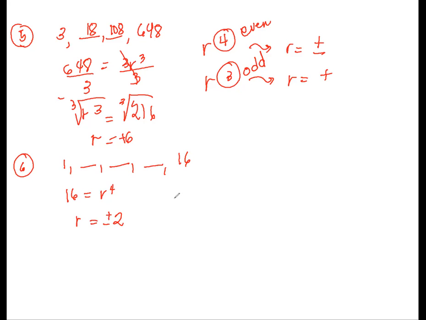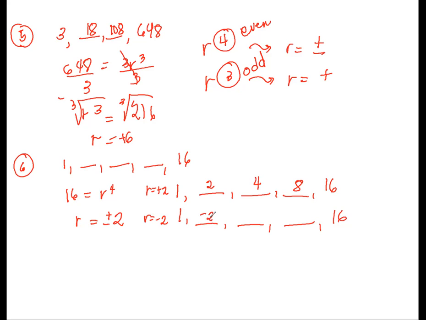So your sequence here could be, para makita nyo, if our R is positive 2 or R is negative 2, tingnan natin yung difference. If R is positive 2, we have 2, 4, and 8. If it's negative, this will be negative 2, positive 4, negative 8. Okay, so both satisfy the given sequence.